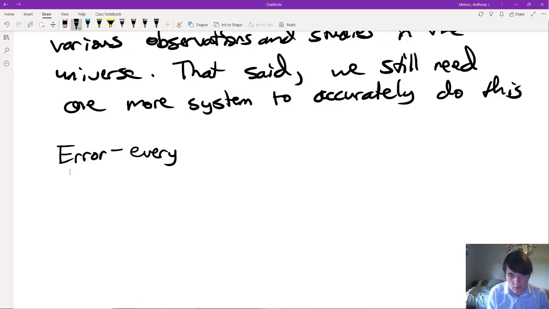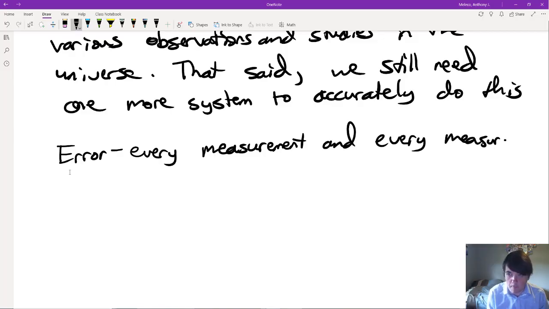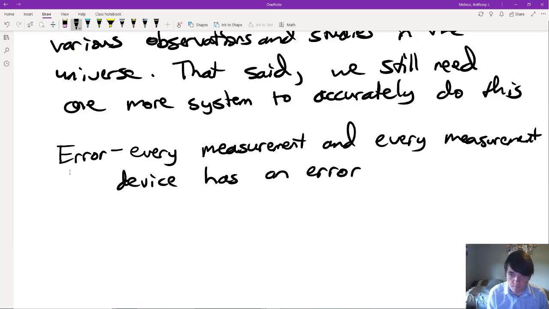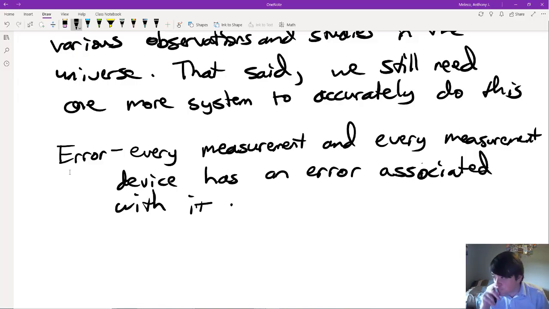Every measurement and every measurement device has an error associated with it. And we'll talk about this more in the lab portion of the course, okay?